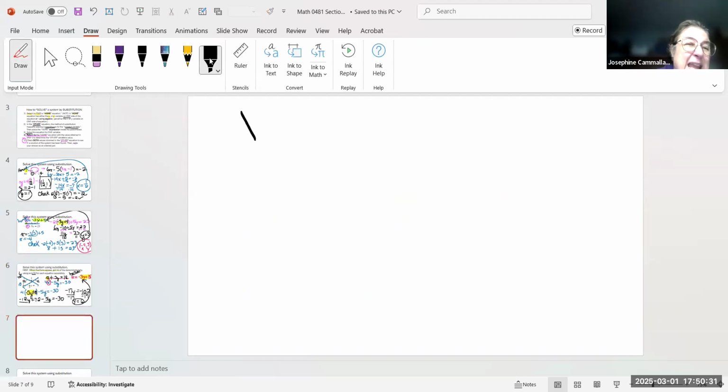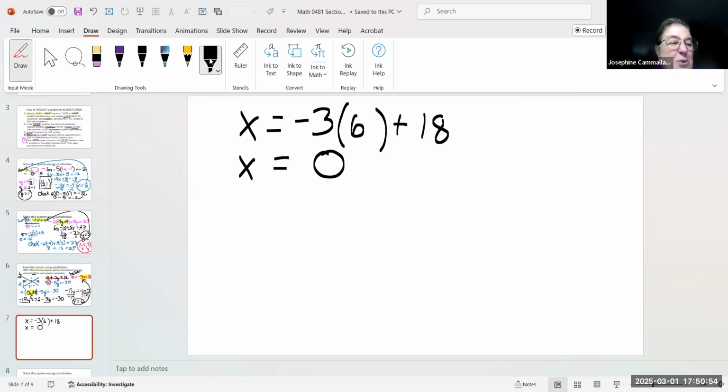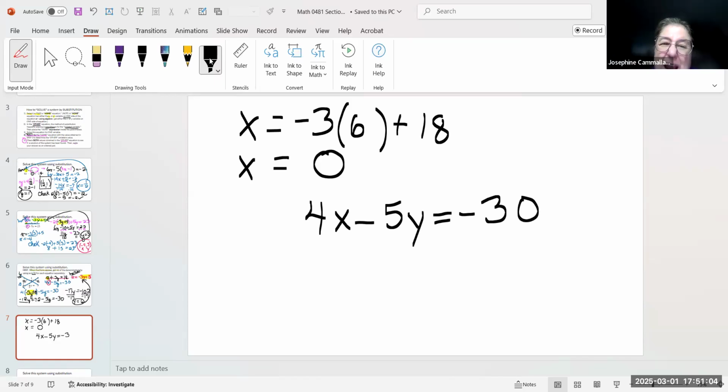This is going to give me x is equal to negative, I'm putting in the 6, plus 18. Well, x is going to give me 0. And if I check it out, now I can use this equation that no longer had fractions.